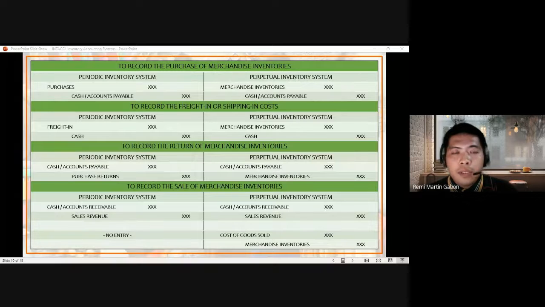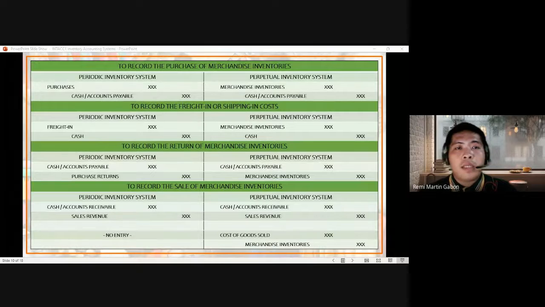While under perpetual inventory system, we credit merchandise inventories. So purchase-related transactions are charged against the inventory account. So since we are focused on merchandising concern, we're going to refer to the merchandise inventories account.